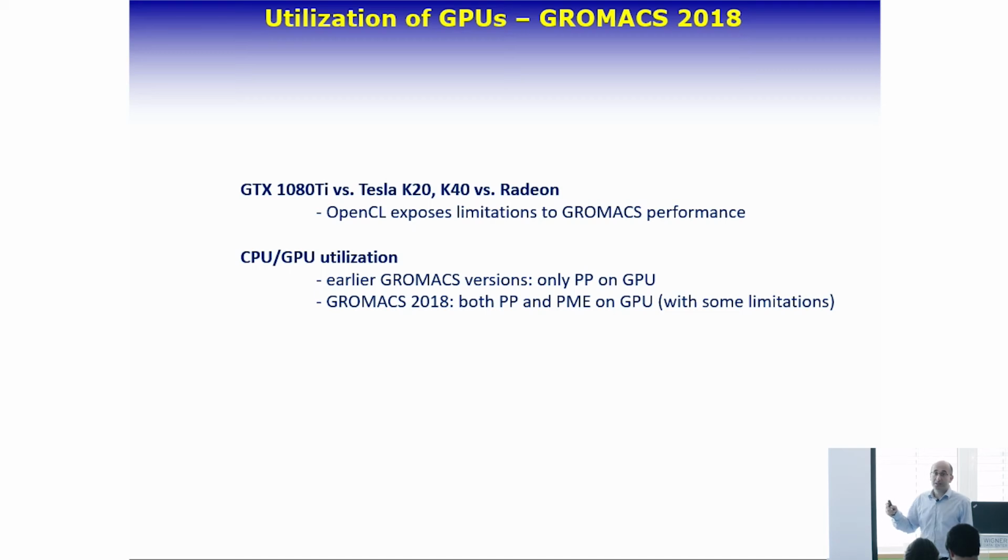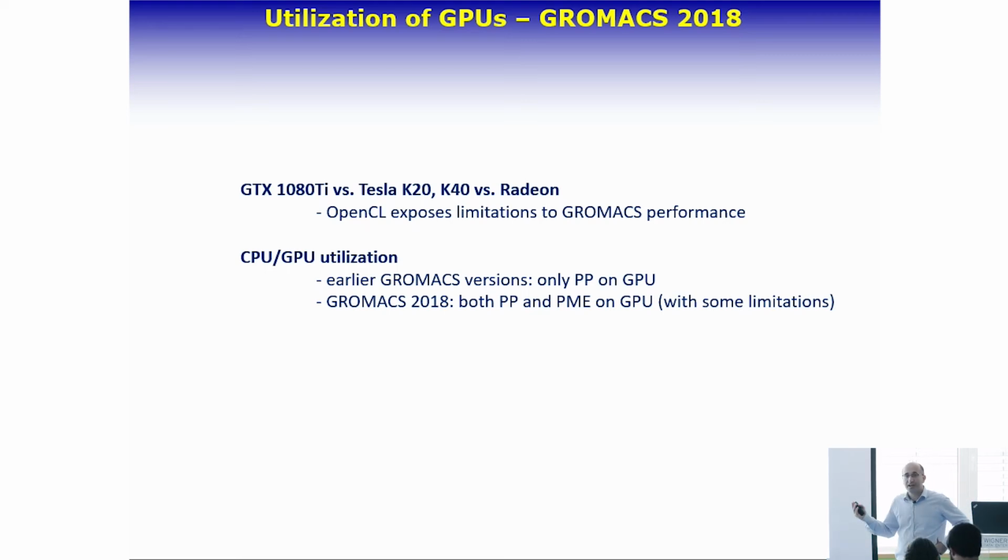GROMACS was known earlier as benchmarking for CPUs. It is a CPU burning program. And in earlier versions, only the short-range interactions between the atoms could be calculated on GPUs. The PME, the long-range interaction, was CPU bound. And in the current version, they also moved the PME to GPU.